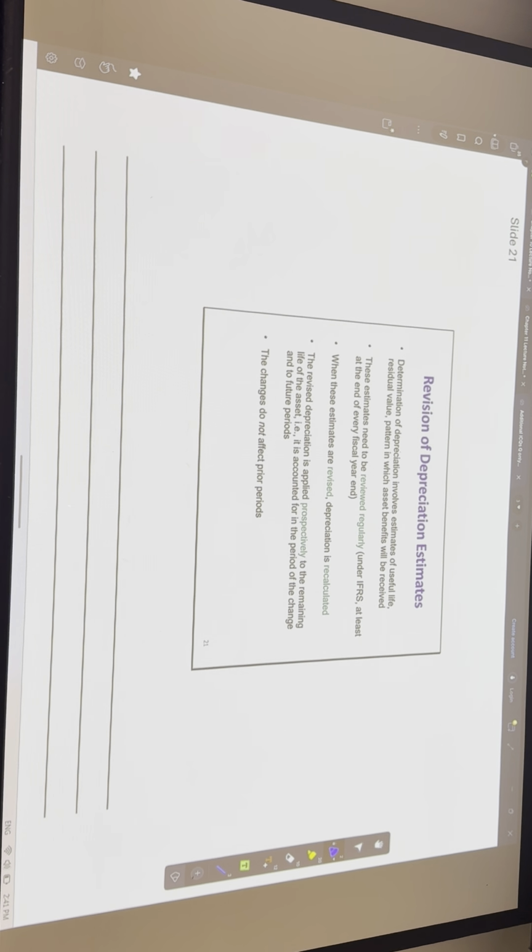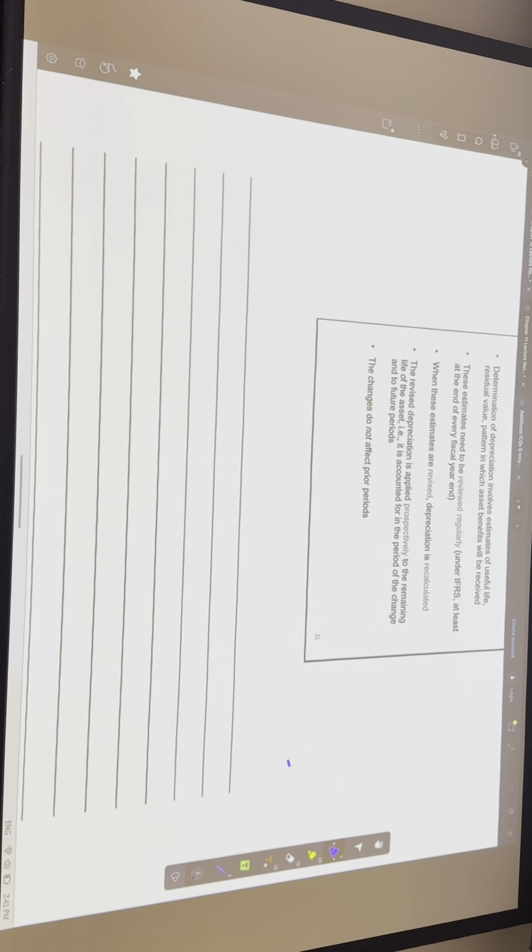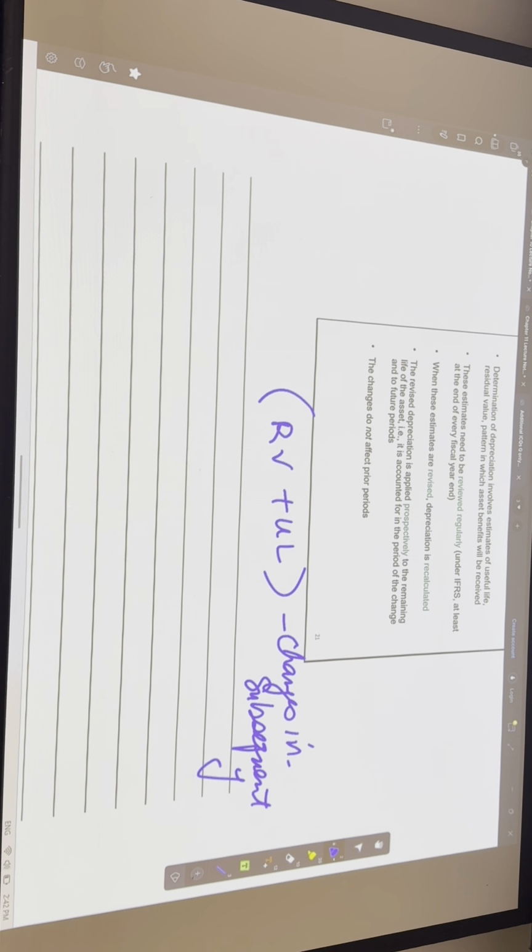Now, from time to time, you're going to realize the asset is pretty darn good or not as good as I thought, so you're going to revise your depreciation estimate. So the idea here is that when you think about residual value and useful life, there could be changes in subsequent years, based on newfound information.